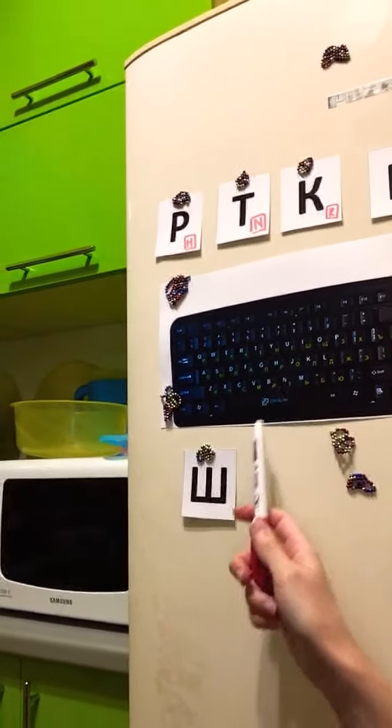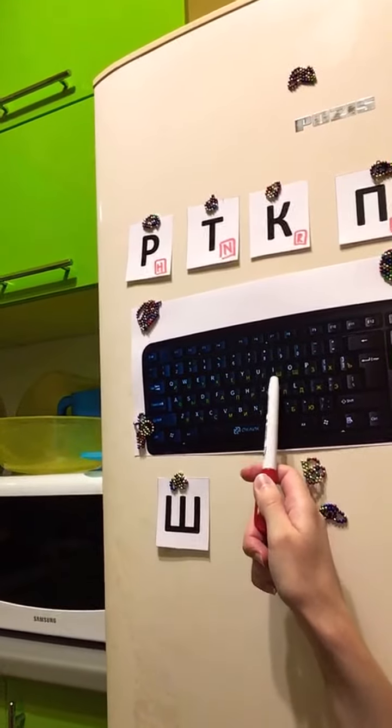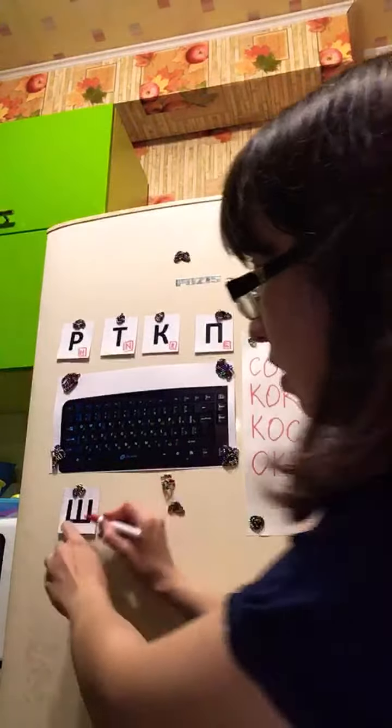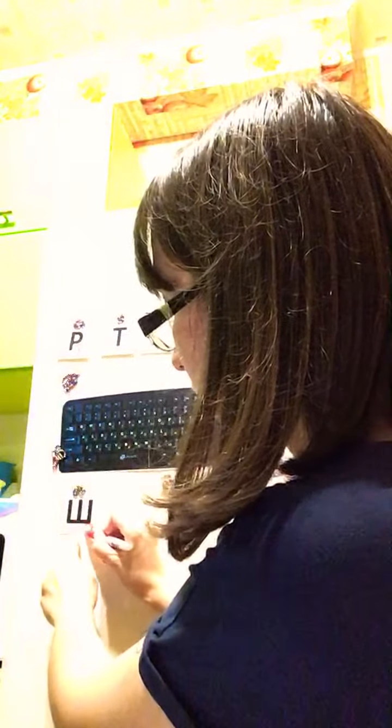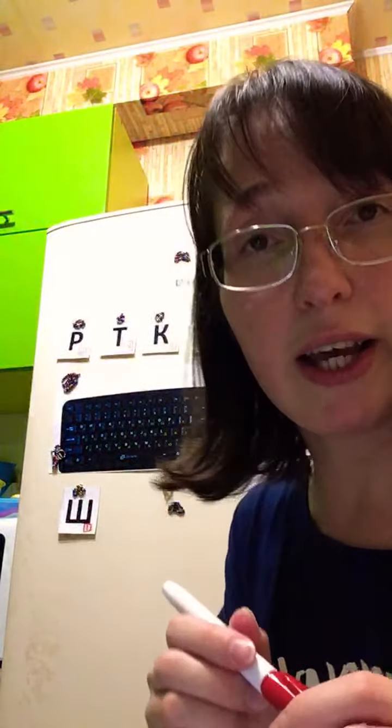So let's look at the keyboard. A letter sh is on the button I. If you change your language settings to Russian and you click this button, you will get a Russian letter sha with the sound sh, okay?